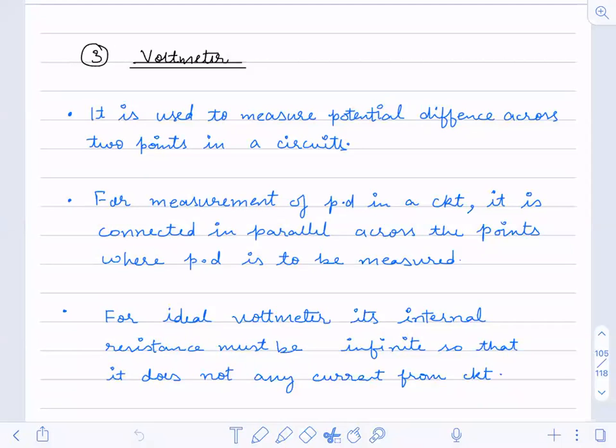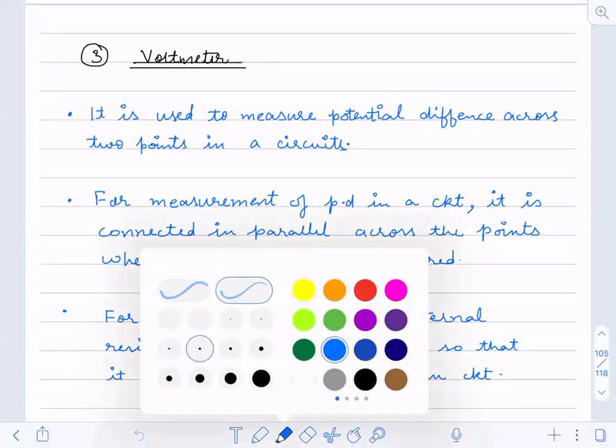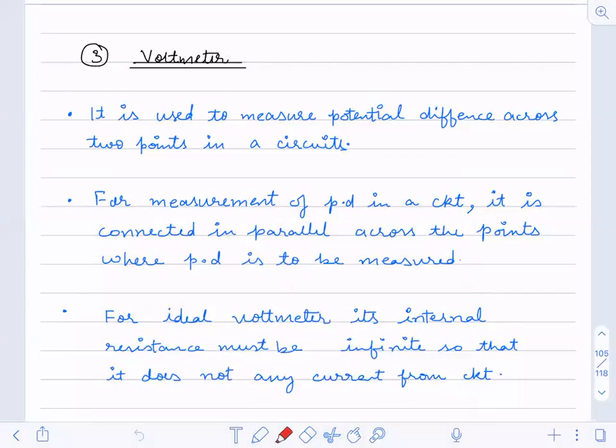Voltmeter is there. And what is the use of voltmeter? See, we don't measure potential using the voltmeter, we actually measure potential difference. So if I ask you what is the function of voltmeter, you should not say that it measures potential. It will measure potential difference.